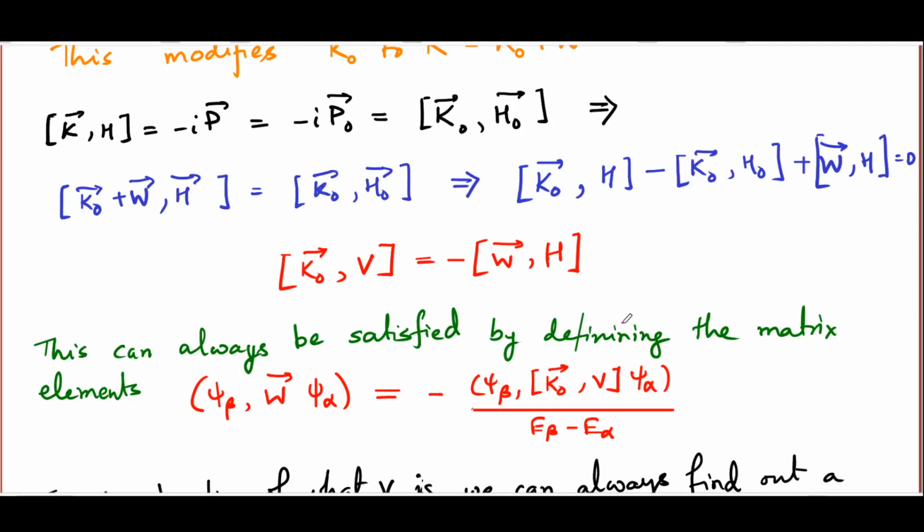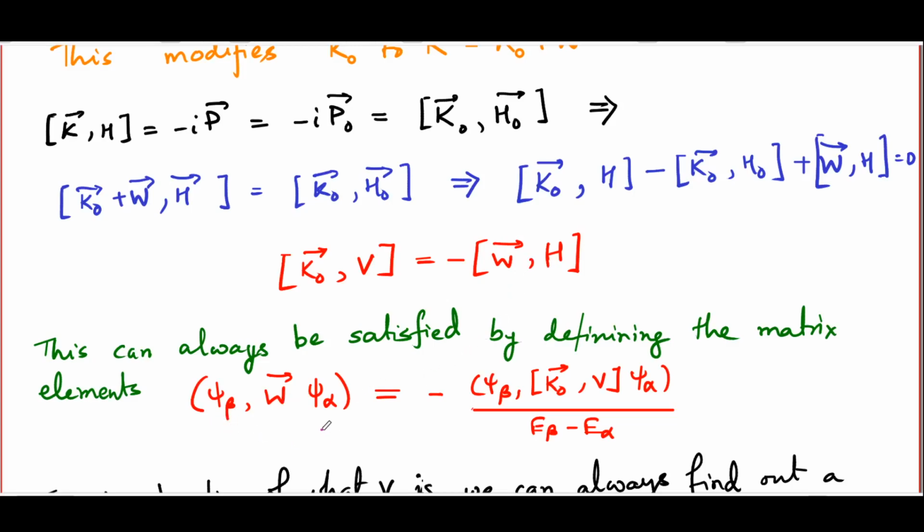If you just take the matrix element of both sides of this expression with respect to exact eigenstates psi beta and psi alpha, by which I mean eigenstates of the exact Hamiltonian H, it's easy to see that from this side what you are going to get is a factor of E beta minus E alpha coming from the commutator with H acting on psi alpha in one term and on psi beta in the other.